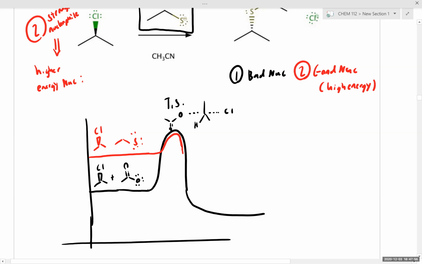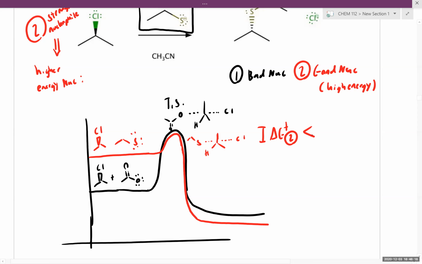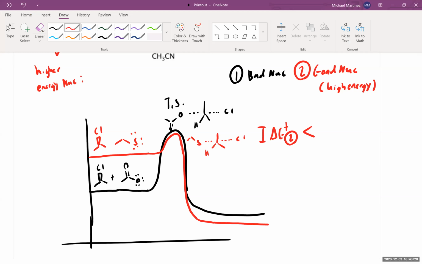We go through a pretty similar reaction pathway, except our transition state is going to be different because we have a different nucleophile, obviously. And one thing that we can clearly see is that the activation energy for pathway 2 is less than the activation energy for pathway 1.